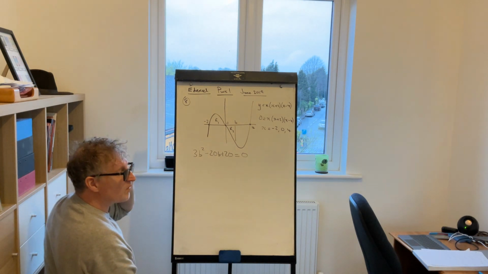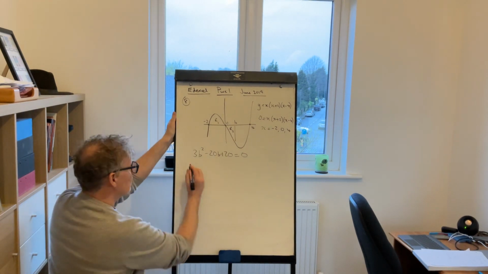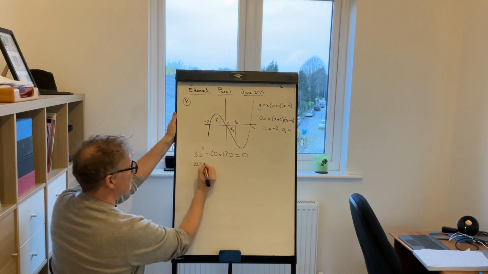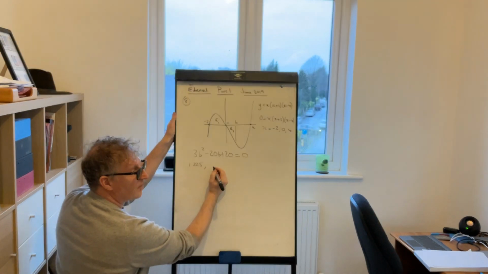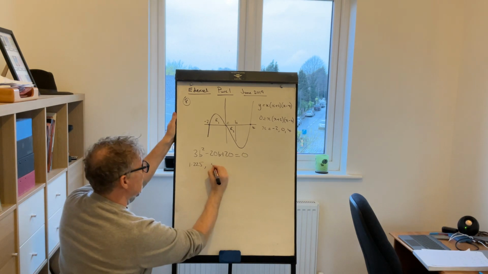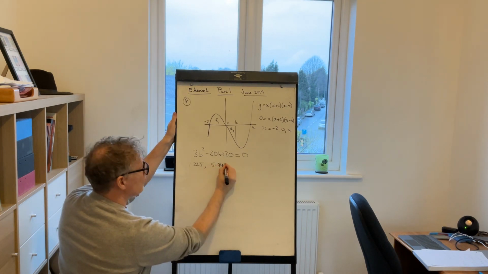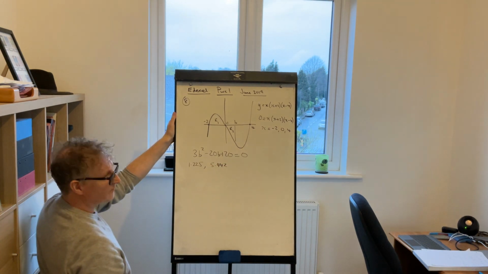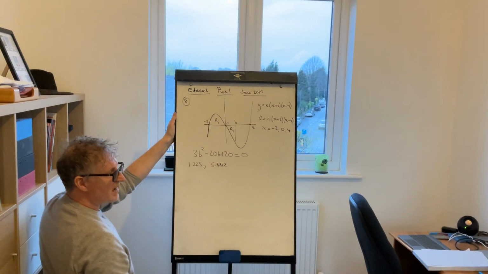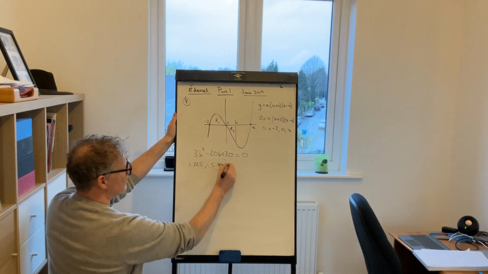The roots of those equations are 1.225 and 5.442 to 3 decimal places. We need to, with the aid of a diagram, explain the significance of this root.